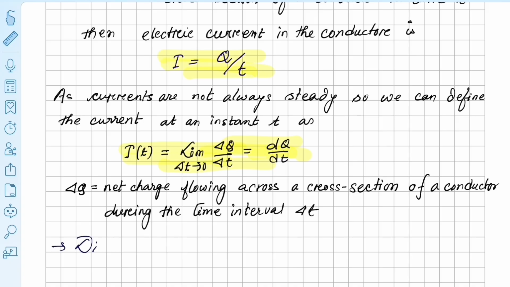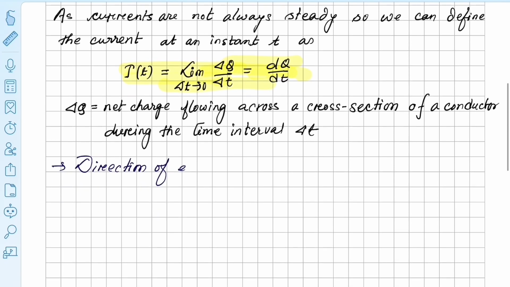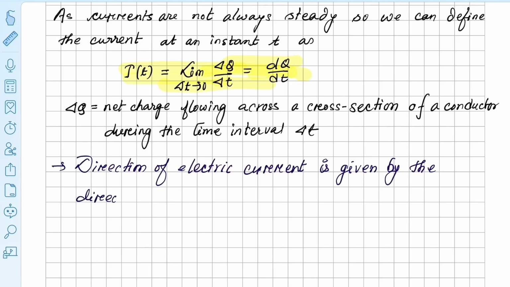The direction of electric current is given by the direction of flow of positive charges.